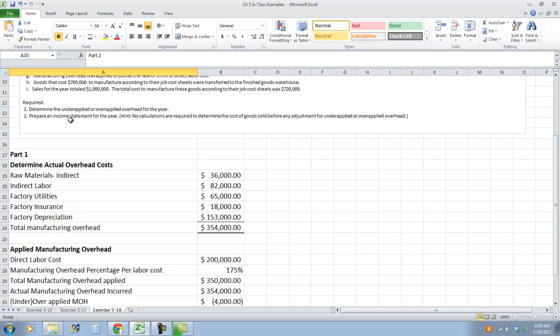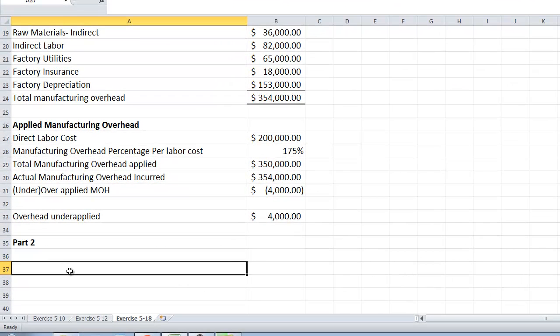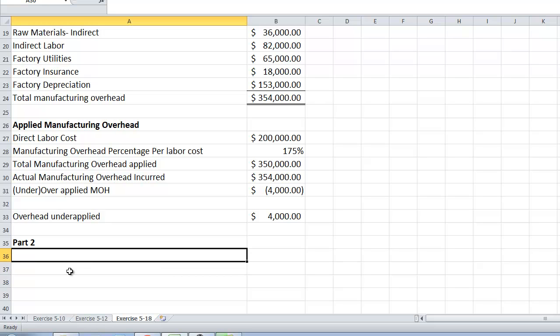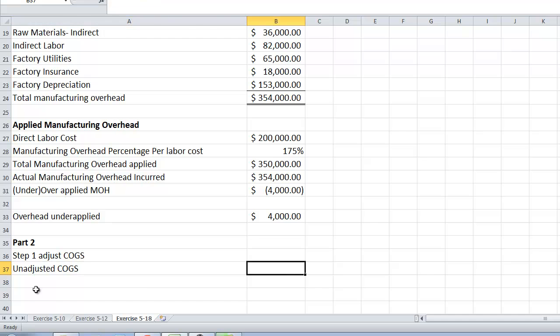Let's go back up. Prepare an income statement for the year. Okay. So in order to prepare the income statement, we must adjust cost of goods sold. So step 1, adjust cost of goods sold. They gave us the unadjusted cost of goods sold in the problem.